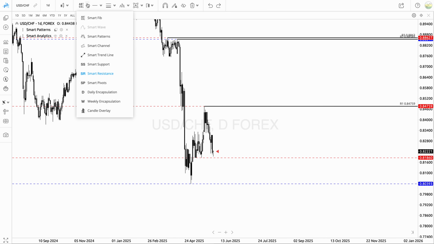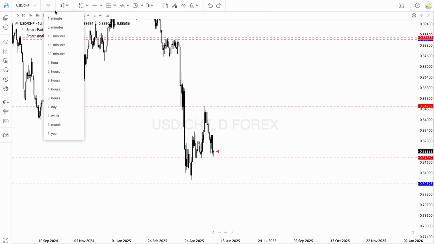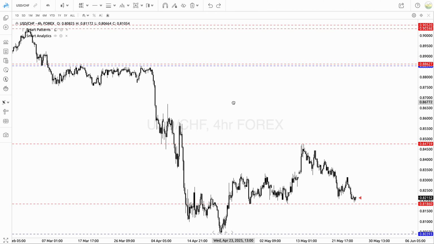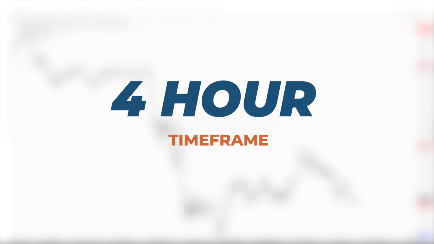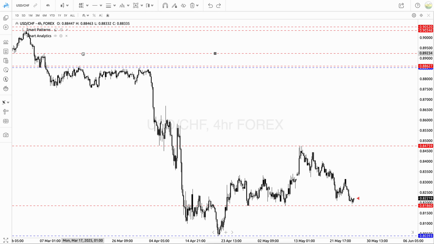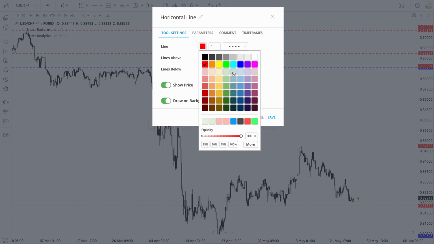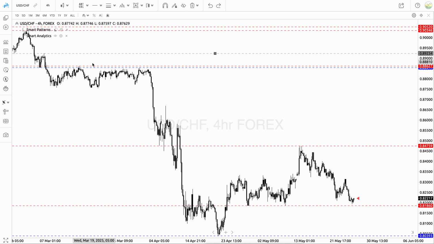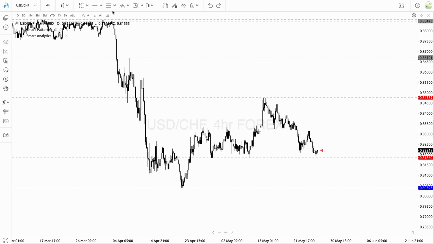So I'm good here. I'm gonna go down to the 4 hour, and then I'm just doing the same thing that I just did before. So I'm picking up all of my levels, and I'm just putting a horizontal line on each. And I use different colors so that as I'm just quickly pulling up the chart, I can see when we've hit a significant level of support or a significant level of resistance.